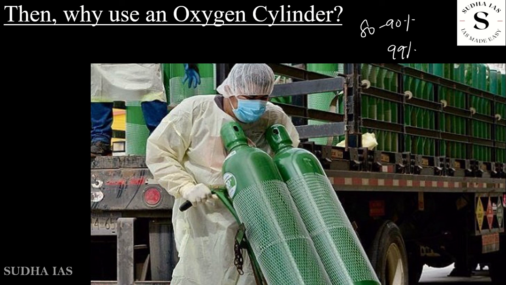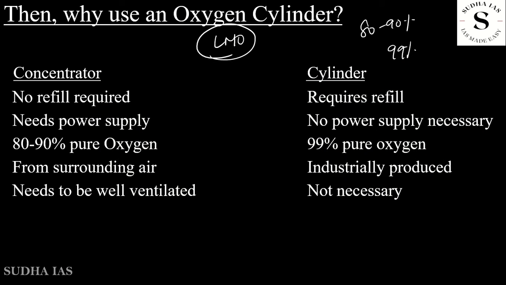In such cases, we need to use liquid medical oxygen from an oxygen cylinder which has been produced industrially. Of course, both your oxygen concentrator as well as your liquid medical oxygen from an oxygen cylinder have pros and cons. So let us briefly discuss the differences between an oxygen concentrator and an oxygen cylinder.